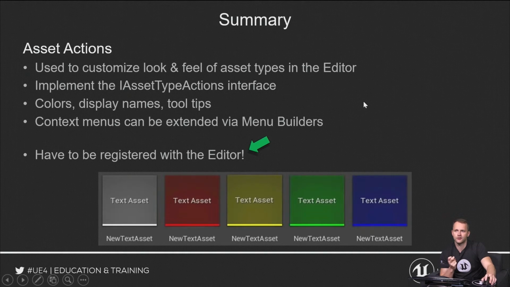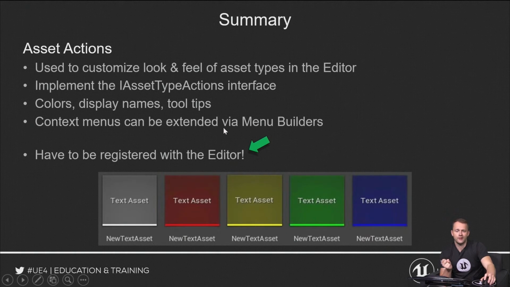And to sum it up, the asset type actions allow you to modify the look and feel of your assets in the content browser. They're really easy to implement by just inheriting the IAssetTypeActions interface or some base class that implements its interface. You can customize things like the display name, the colors, the tooltips, and then the context menus themselves are extended via helper classes that are called menu builders.